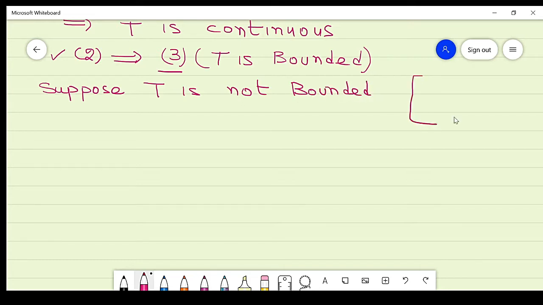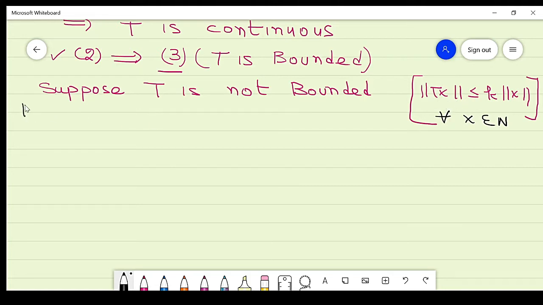Now that is for rough work, just to see the definition: norm of Tx is less than or equal to k into norm of x, right? It means if it is bounded, then every member of N satisfies this condition. Clear? It means if T is not bounded, there are members that do not satisfy this condition. So we can find those in terms of a sequence.